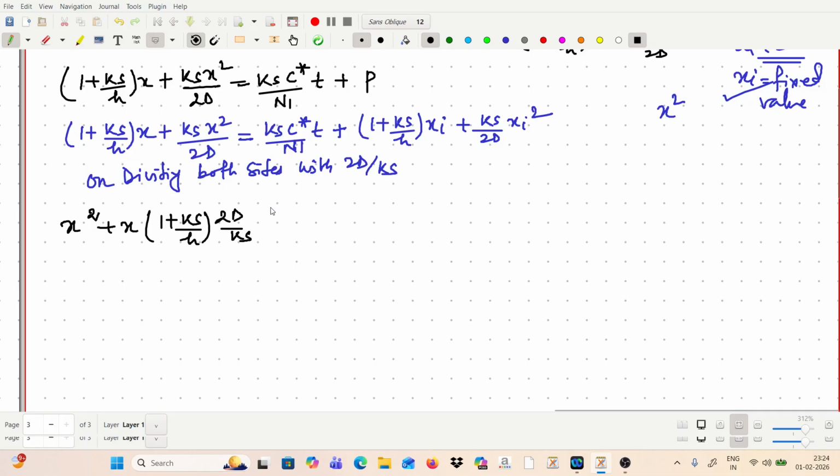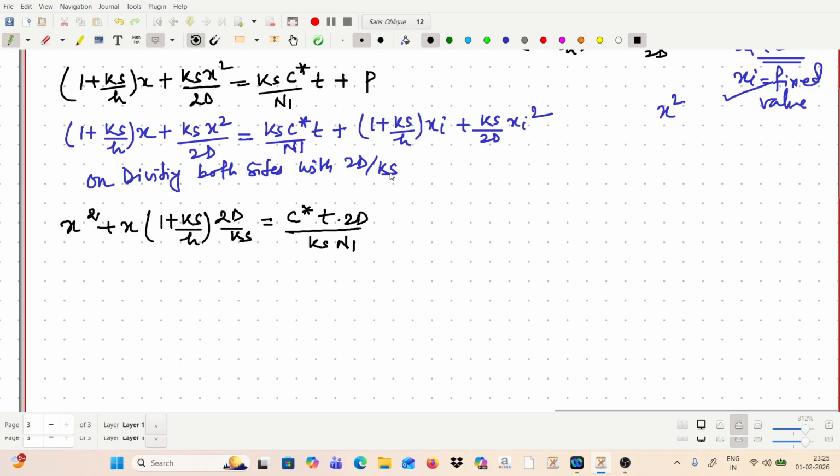These two are okay now. C star t into 2d by ks n1.